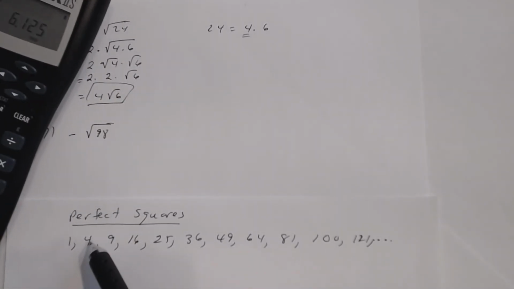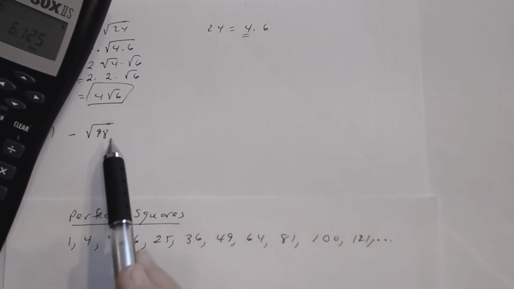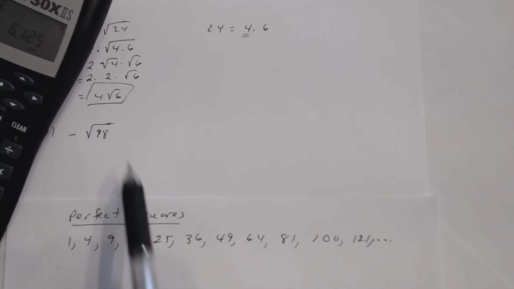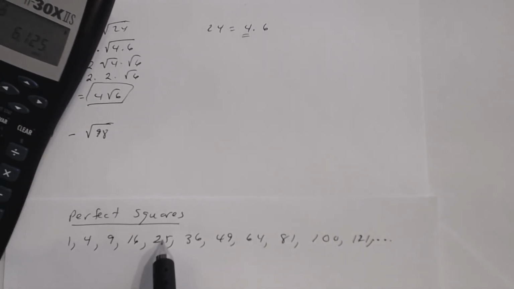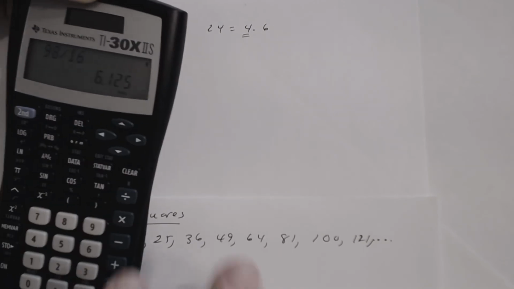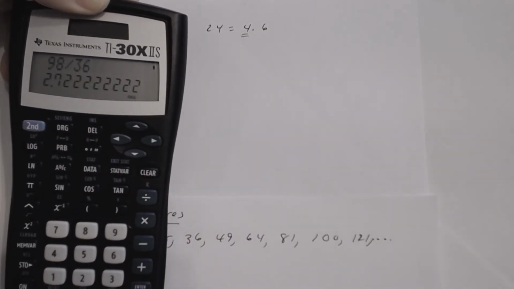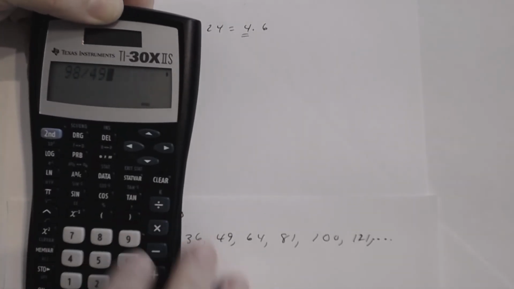Since 4 is a factor of 16 and 4 was not a factor of 98, then 16 will definitely not be a factor of 98. Now obviously you all know that 25 will not go into 98 evenly. Let's try 36. 98 divided by 36. Nope. Let's try 49. 98 divided by 49.